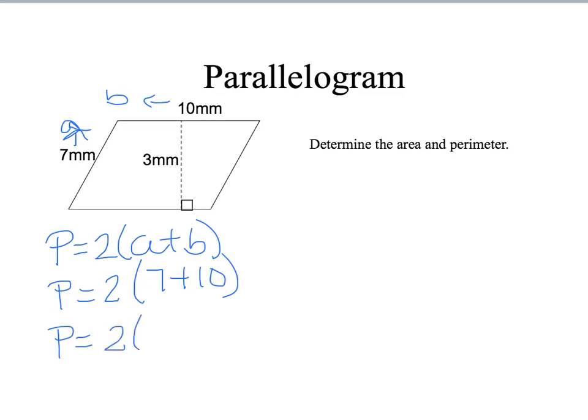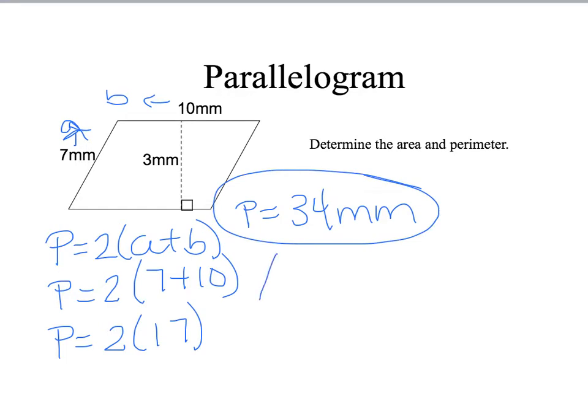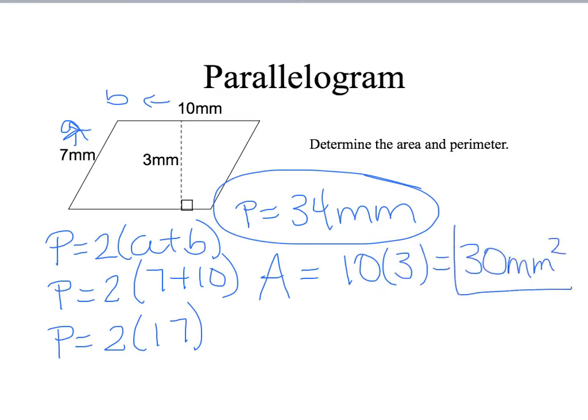Perimeter is equal to 2 times 17. So perimeter is equal to 34 millimeters. And then area is equal to base times height, so 10 times 3, which is 30 millimeters squared.